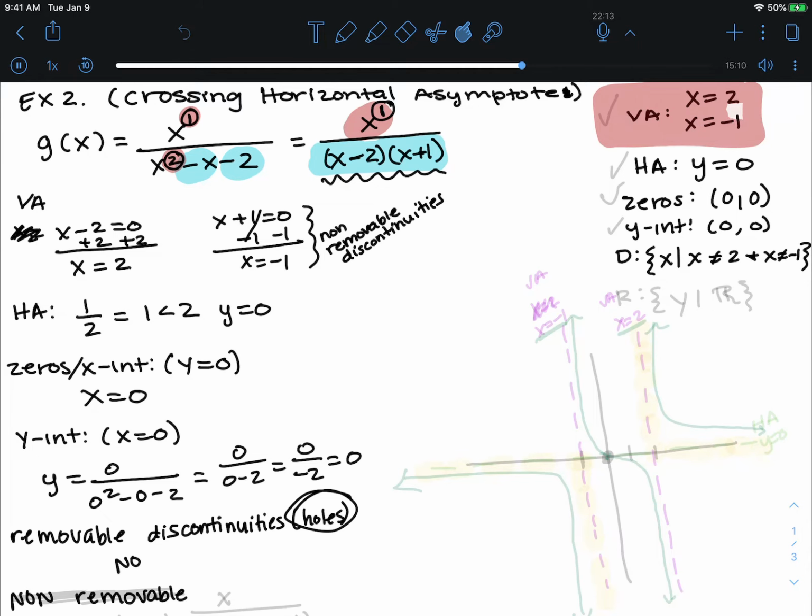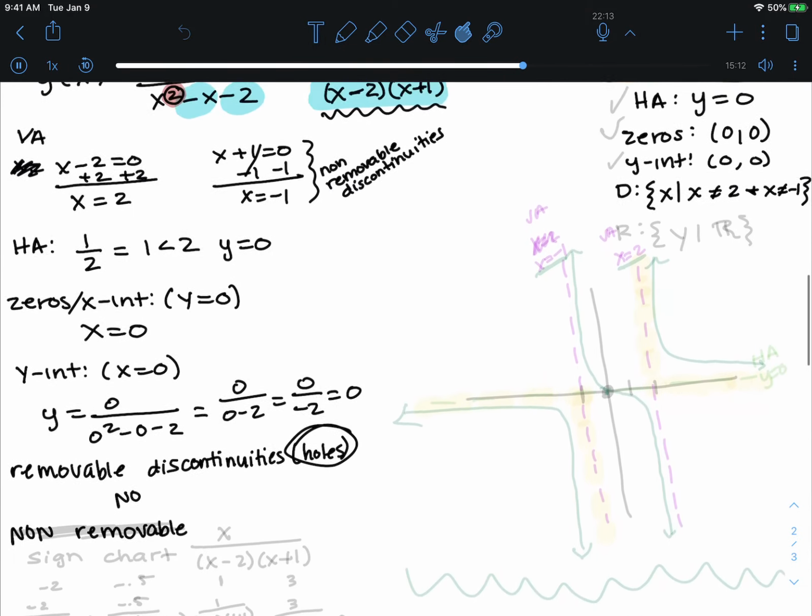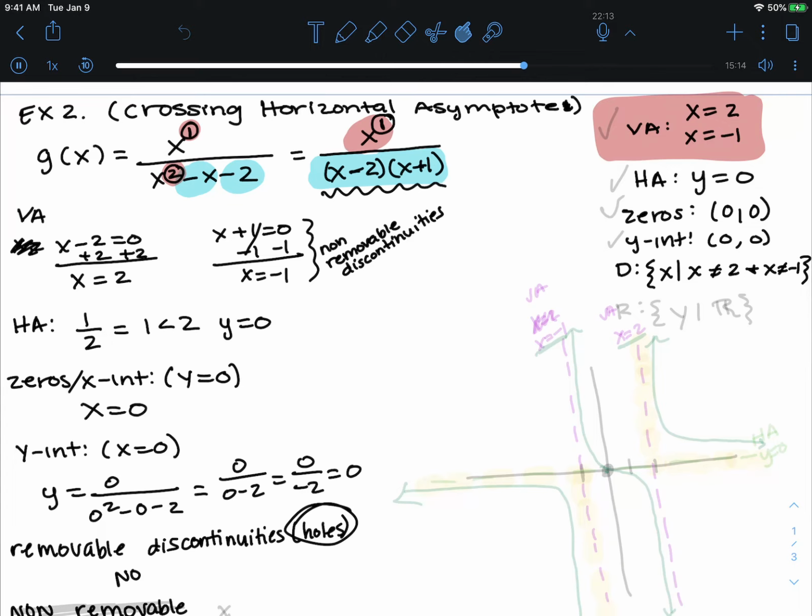And if you don't feel comfortable doing the domain and the range until after you've graphed it, then that's totally fine, okay? And the range in this situation is going to be y values such that it is all real numbers, okay? And you'll see why in a little bit.